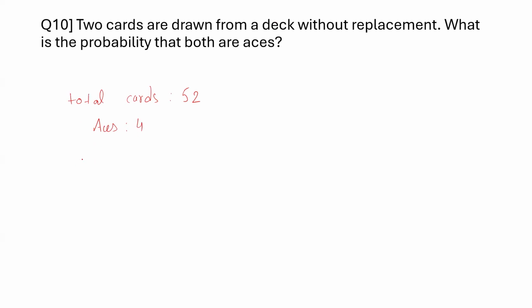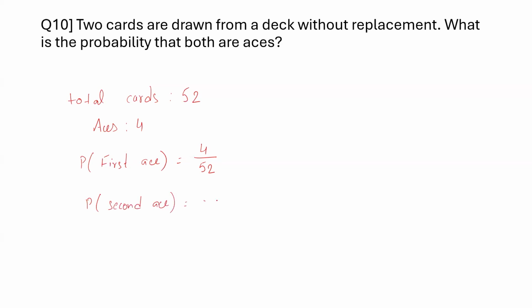So what is happening? Probability of the first ace. What is the probability of the first ace? So initially you have 4 aces, right? 4 upon 52, right? This is the probability of the first event. Now, the probability of the second ace.